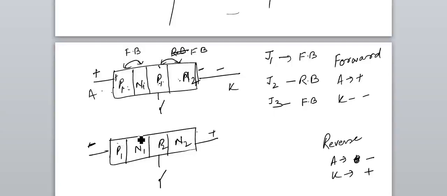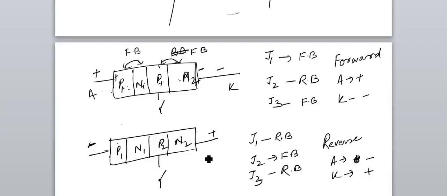So as per the diode connection, J1 is reverse bias, J3 is also reverse bias, and J2 is forward bias. That is what happens with the junctions.